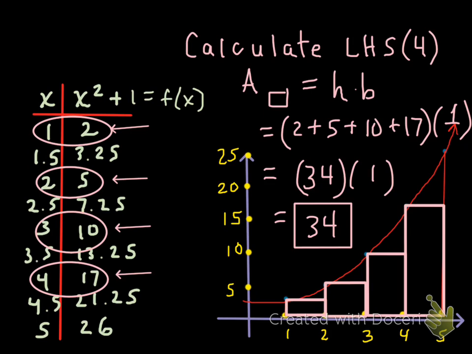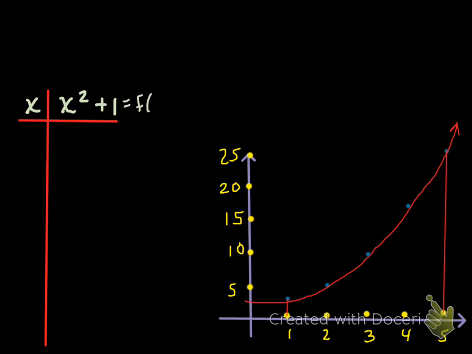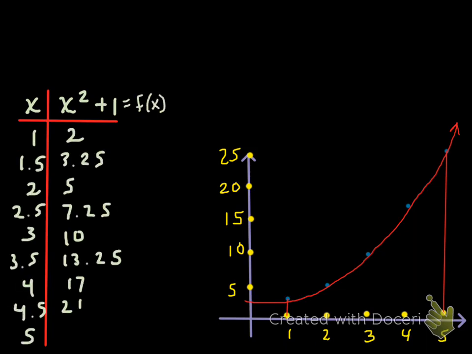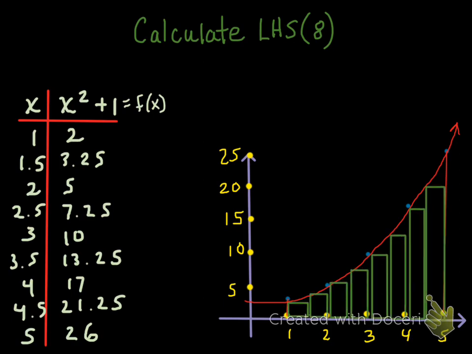Third progression. We're getting there. So again, you're going to see both the graphed parabola and its table. This time, as you may predict, we are going to calculate a left-hand sum with 8 subintervals. Here are the 8 rectangles determined by these 8 outputs.